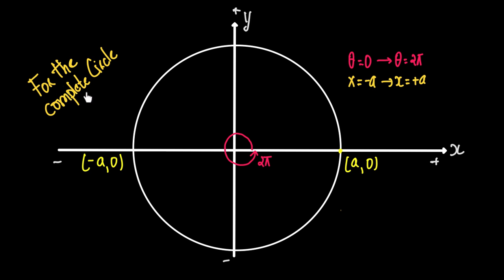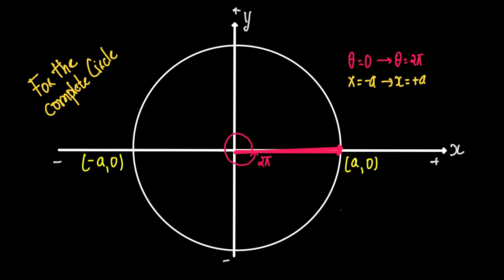Now, for one complete circle, the variation of theta would be, let's say this is the base arm, and this is how the theta rotates. If this is the way of rotation, what will be the angle rotated for one complete circle? It would be 2 pi.